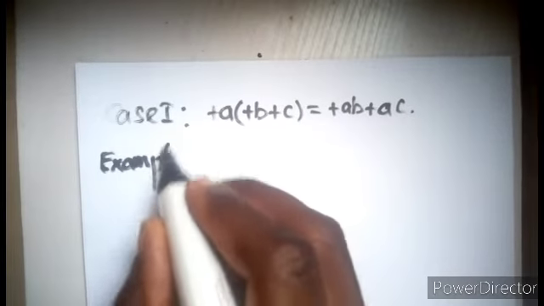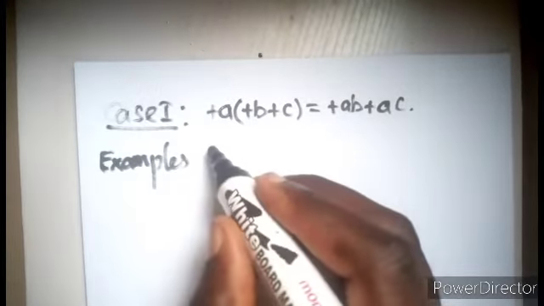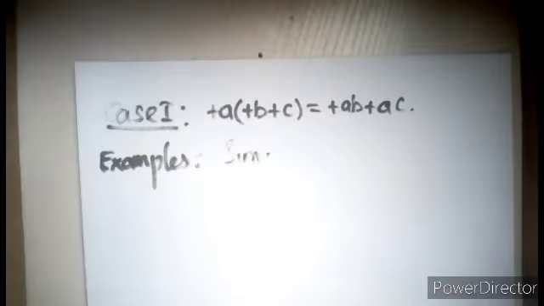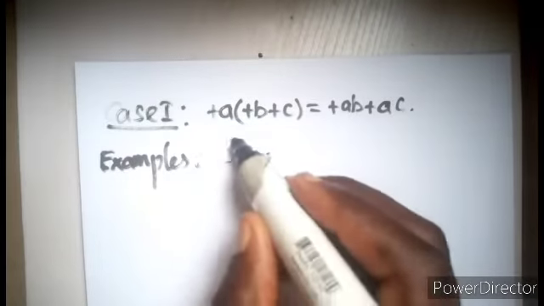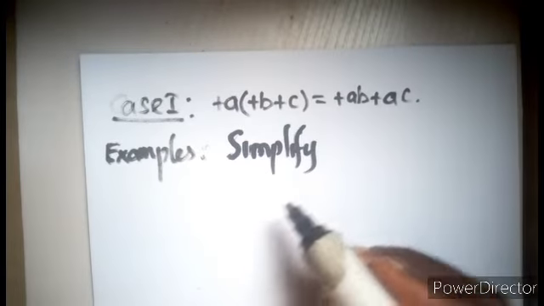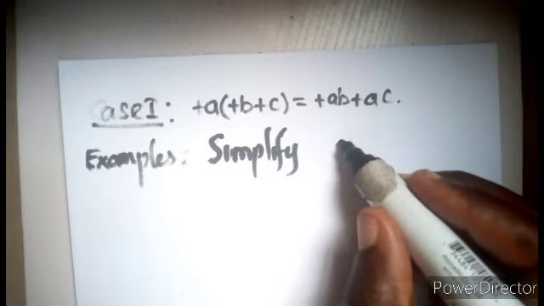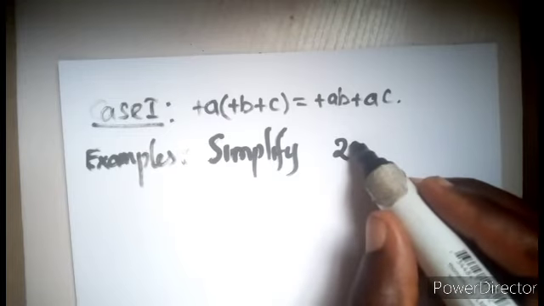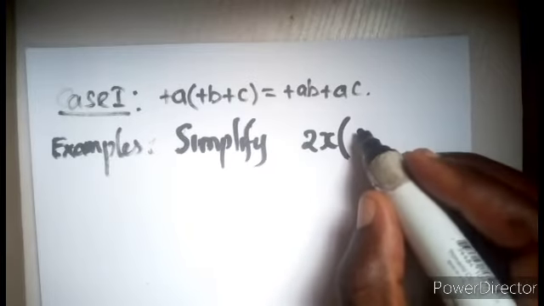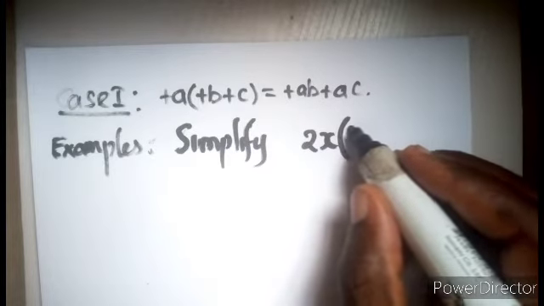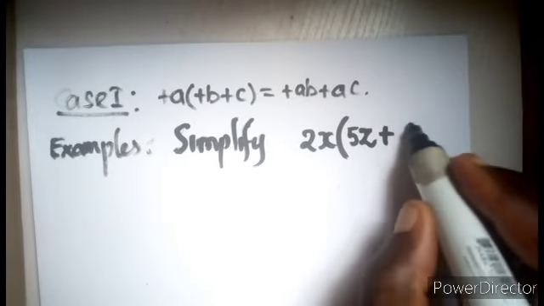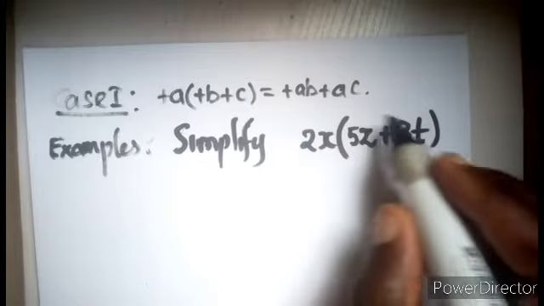Now, examples here. If you have to simplify 2x into 5z plus 3t.